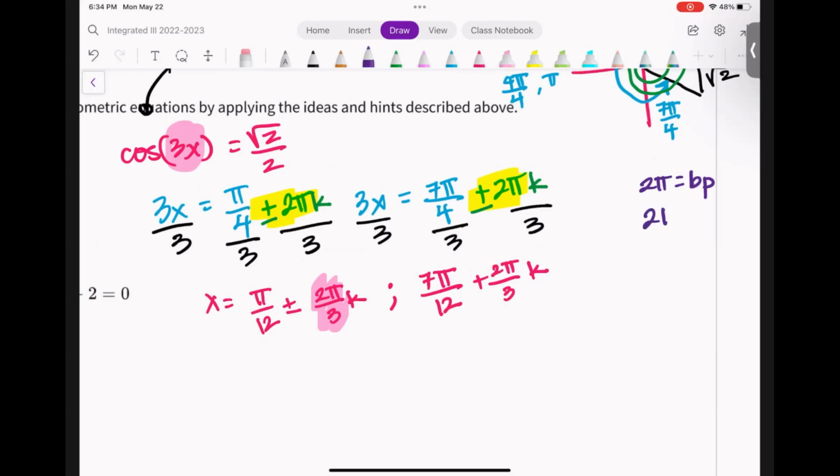So I'm going to write 2 pi equals 3P. So period is 2 pi over 3. So notice this guy here is this guy here. And we said earlier that you're going to add increments of the period. So this is another way for you to get that period in there without calculating the period off to the side. So I gave you a choice. Which way do you like better? I personally like this way, by adding 2 pi k and then dividing by whatever number they give you and making sure that that makes sense.